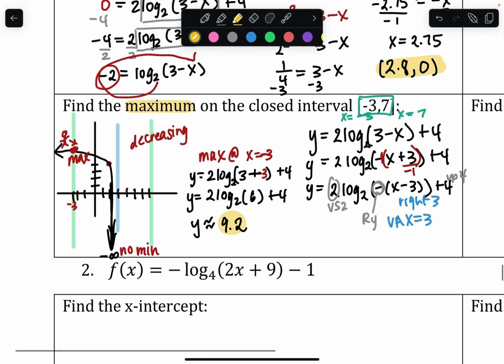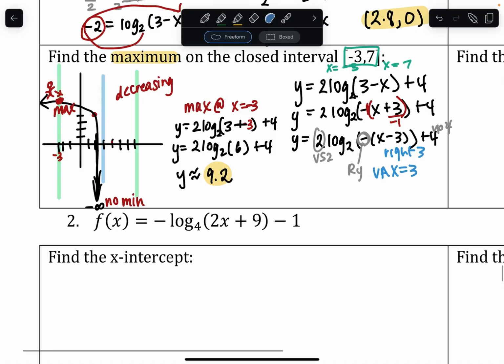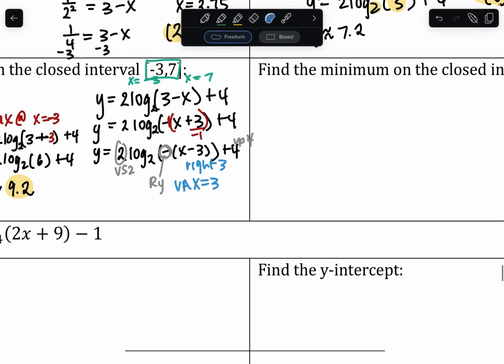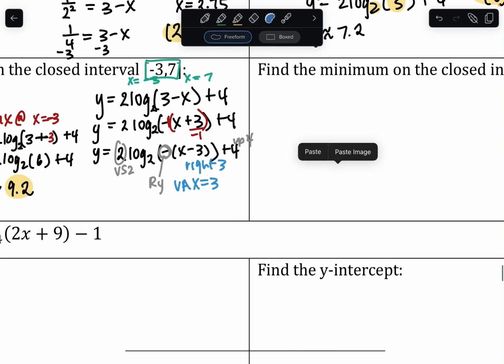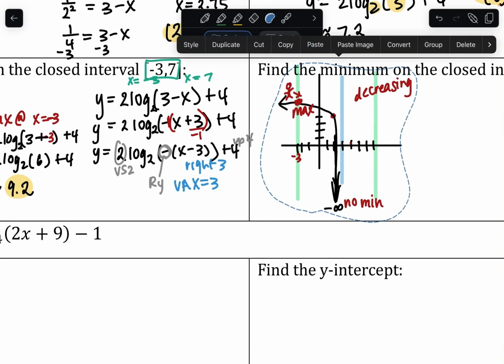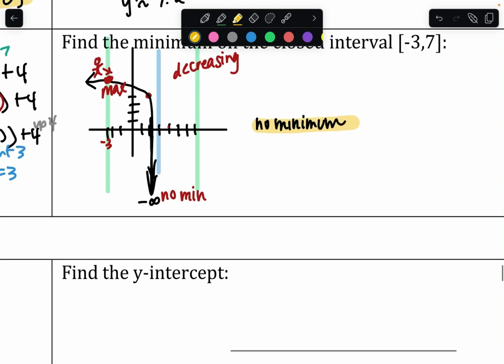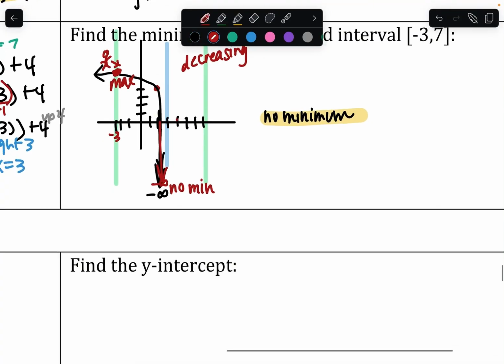And then instead, if we were trying to find the minimum, we can see from our picture that there is no minimum. In the middle of these green lines, we have that vertical asymptote where the graph is continuously going down to negative infinity, so it will not reach a minimum.